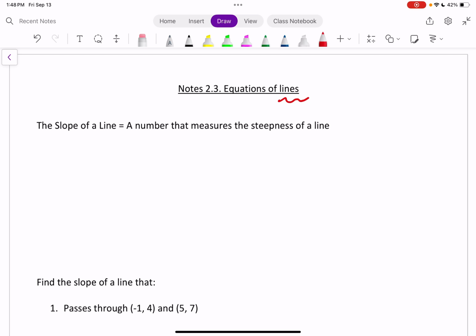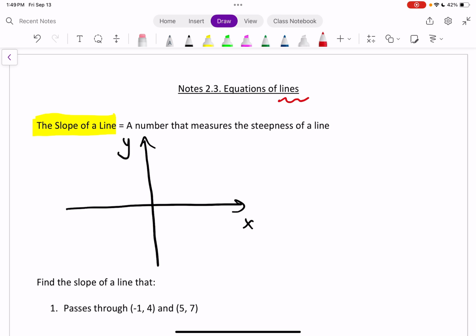So the slope of a line is really a big idea when it comes to lines. The slope of a line is simply a number that measures the steepness of a line. And how would we measure that? Well, here it is. Let me draw a line for you. It doesn't matter how the line is moving.